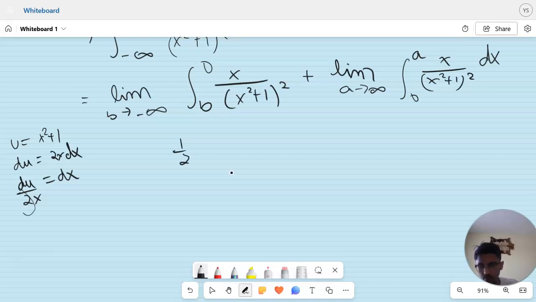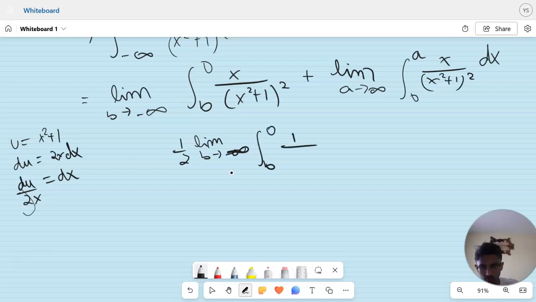So it's going to be half, the limit as b goes to negative infinity, from b to 0.